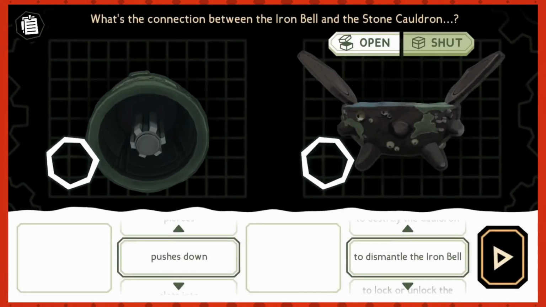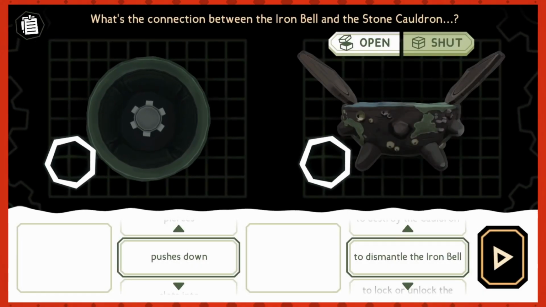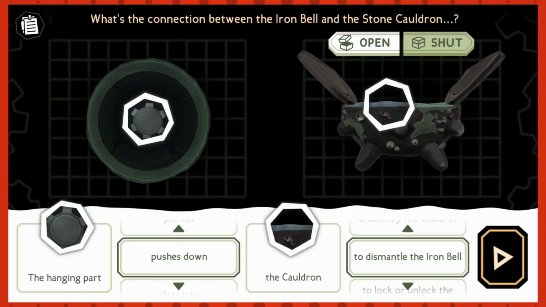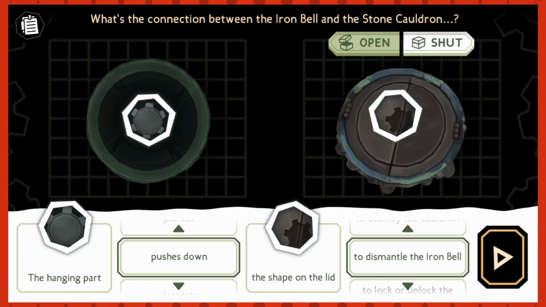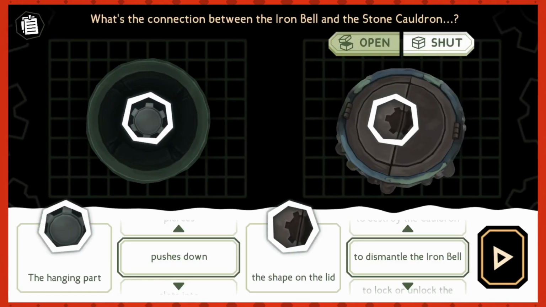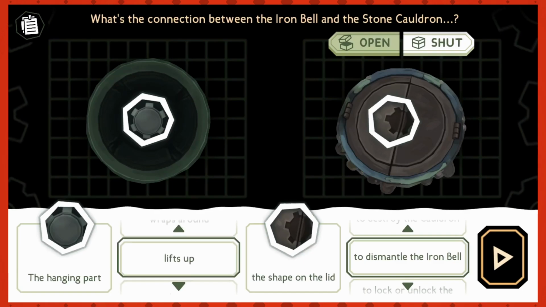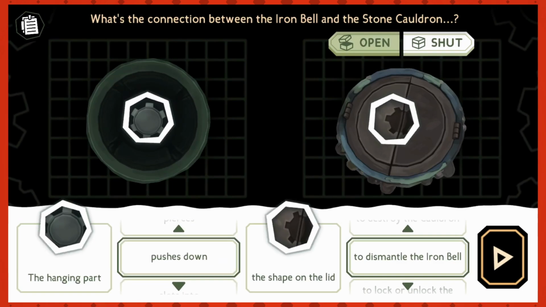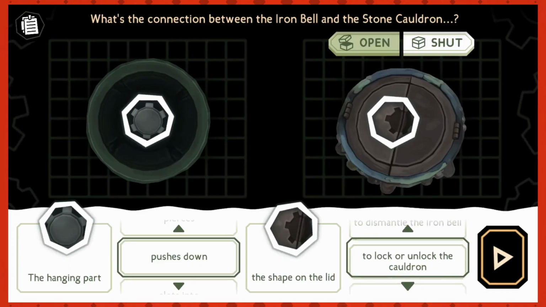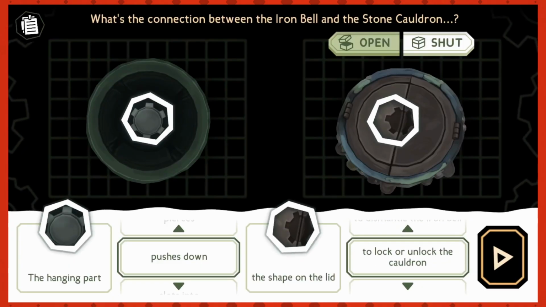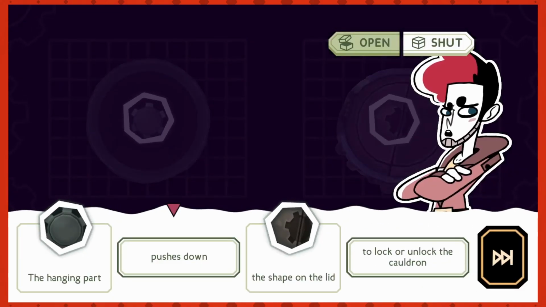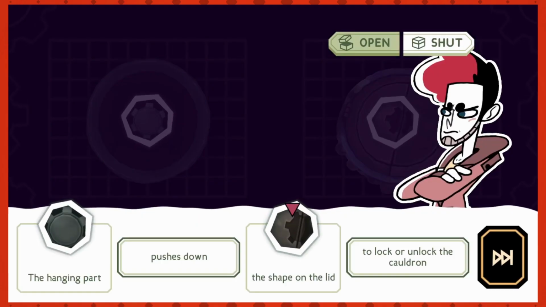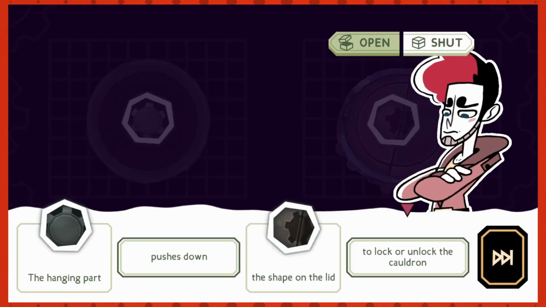Here. The hanging part pushes down the shape on the lid to lock or unlock the cauldron.